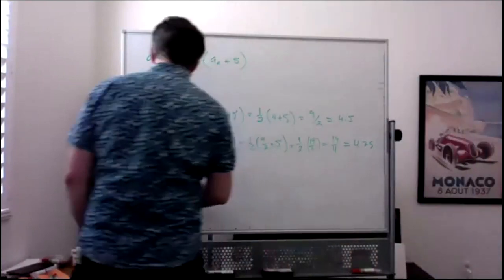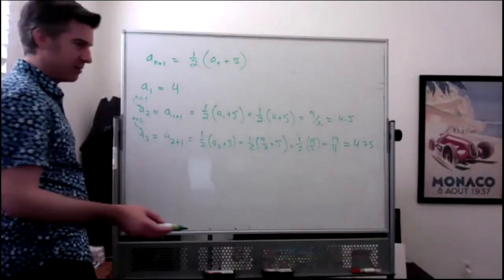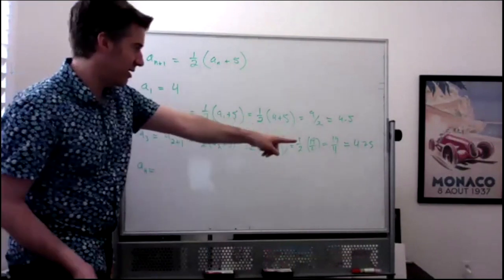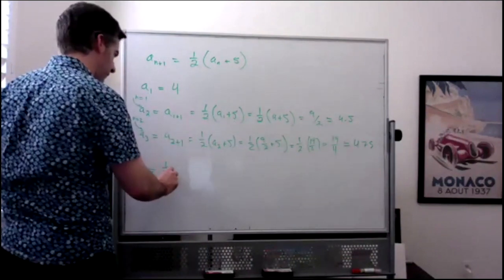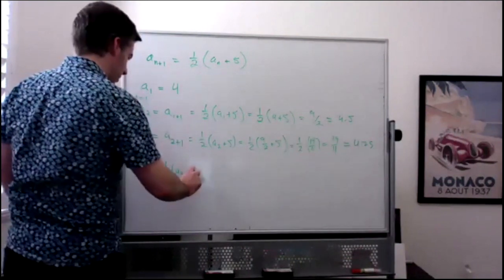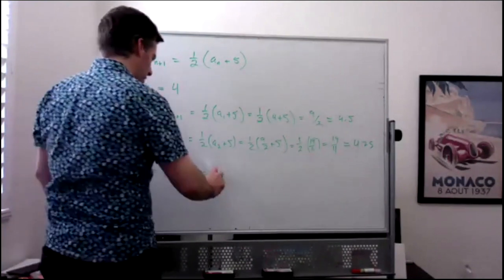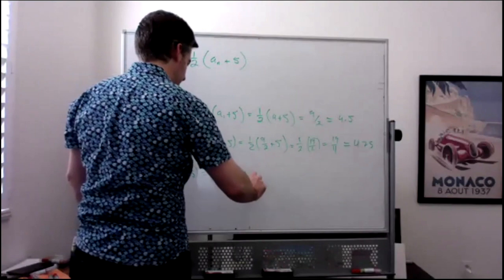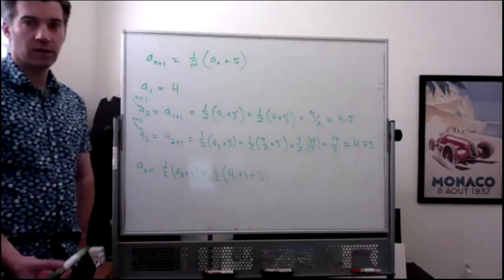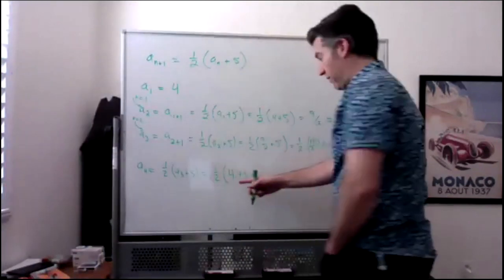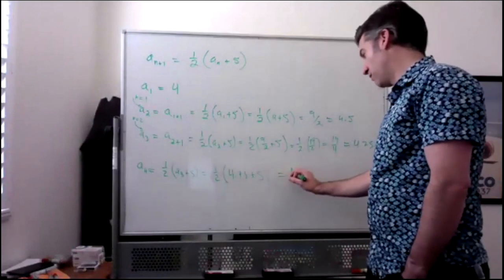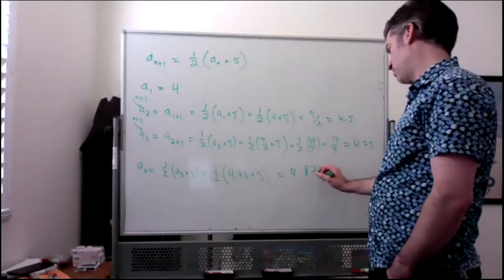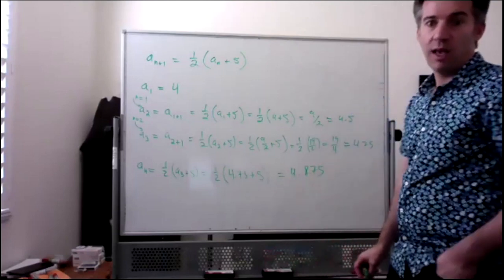Okay, keep going. The fourth term, I'm just going to use that in this formula. It's going to be 1/2 of a sub 3 plus 5, which is 1/2 of 4.75 plus 5, which is going to be 4.875. That seems right. And you can keep going.